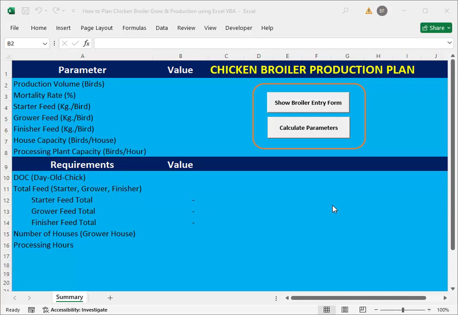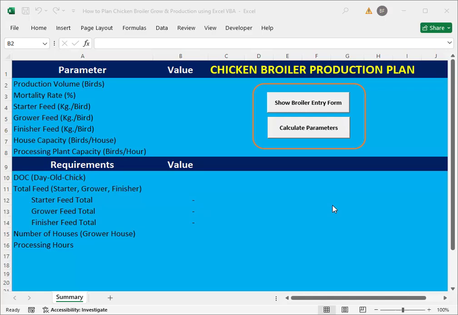And we need to find out the processing of the birds in terms of the number of birds that are going to be processed in the processing plant per hour of operation. Okay, so for the houses, we need to find out the number of birds per house, and then how many houses are we going to install or build, internally by the company or externally by a business partner.